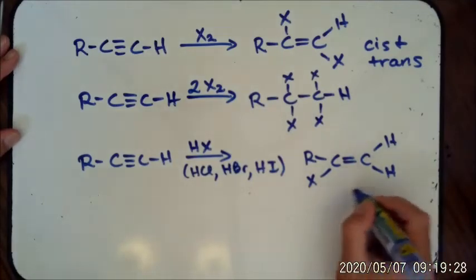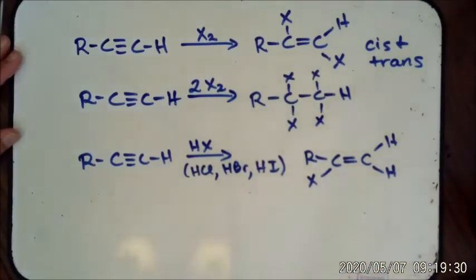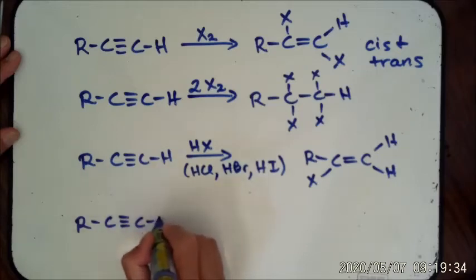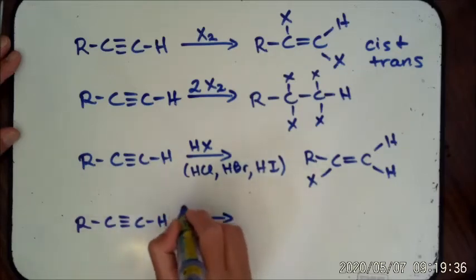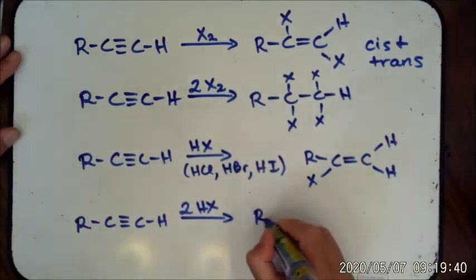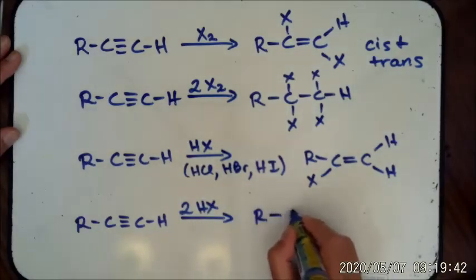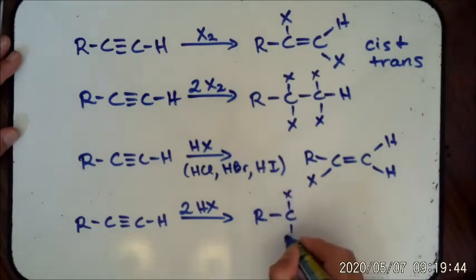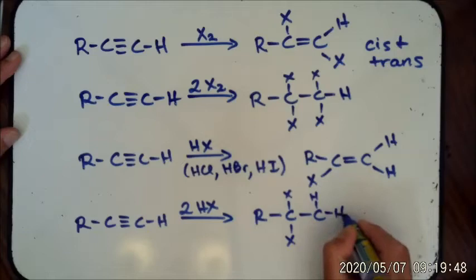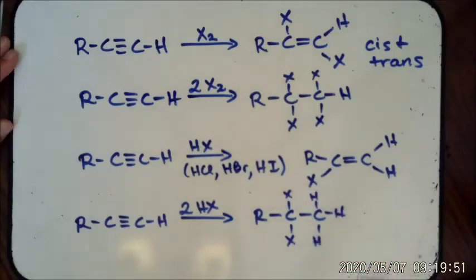It adds in the Markovnikov orientation. If I have at least two equivalents, both times it will add in the Markovnikov orientation. Okay?